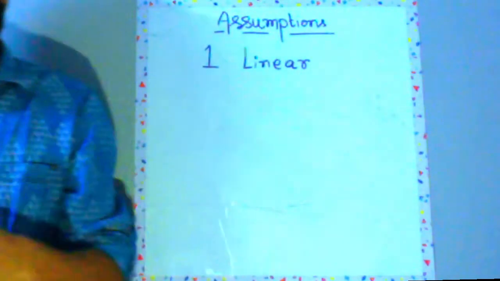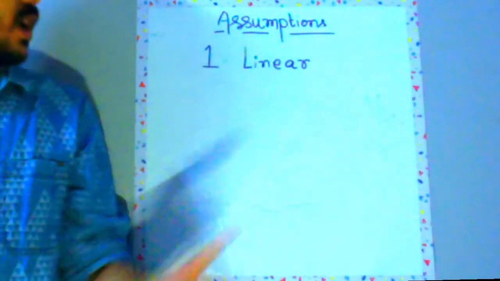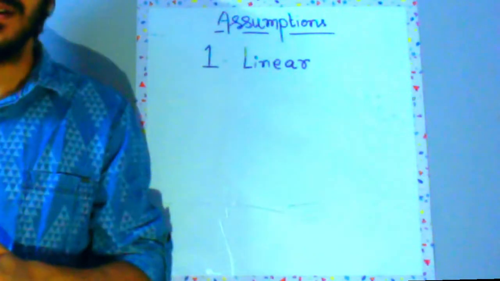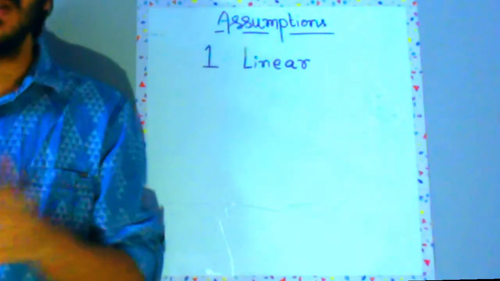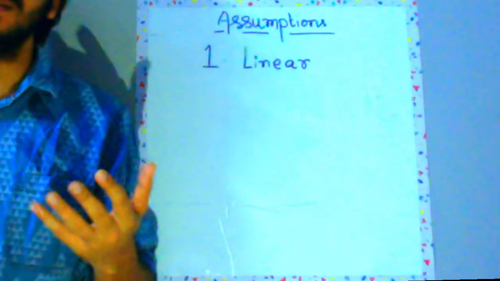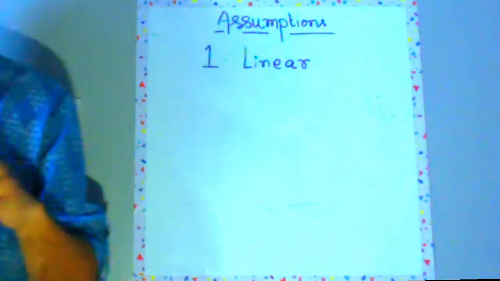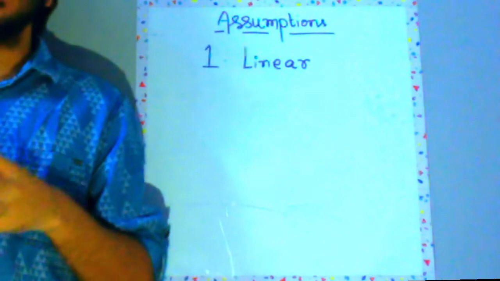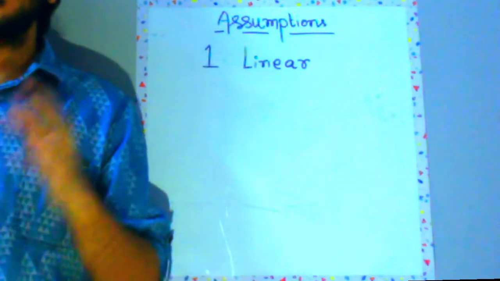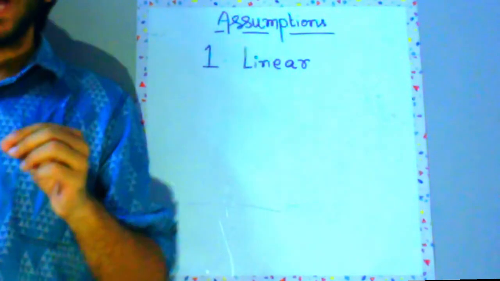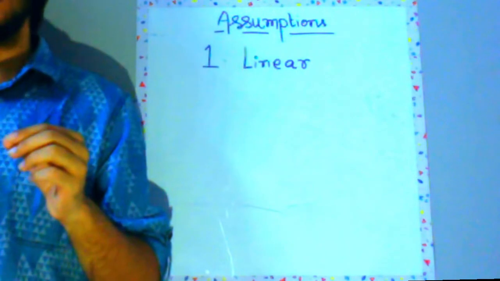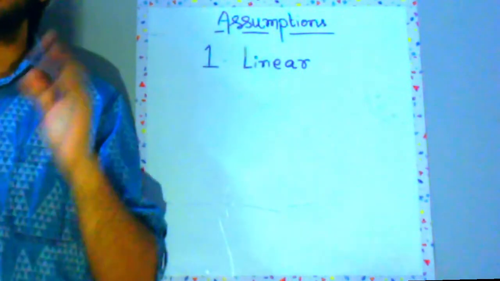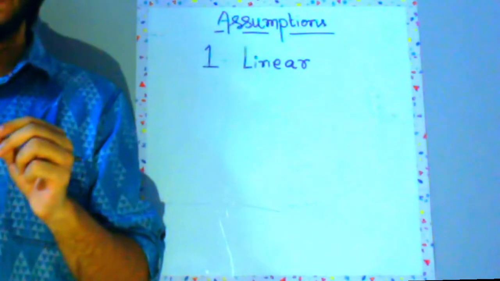The first assumption is of linearity, which is pretty obvious because y is equal to x beta plus e is a linear equation. But we need to be careful here because a lot of times there could be correlation between y and x, but we cannot represent the data as y is equal to x beta plus e.